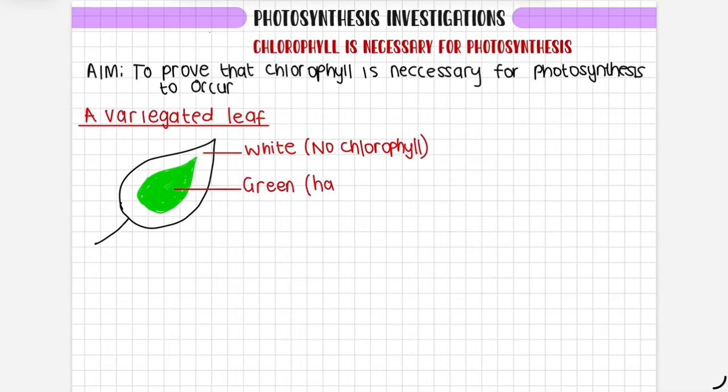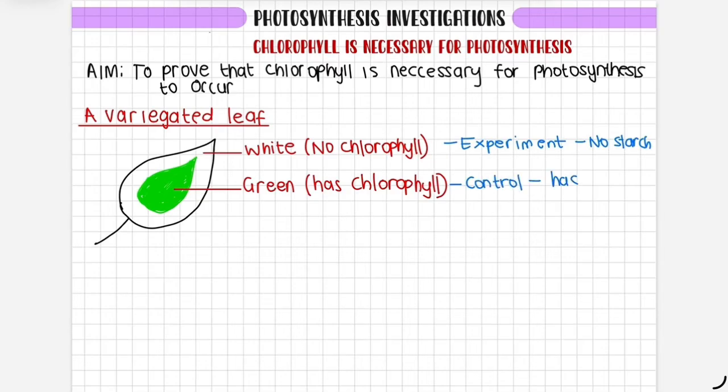We do know that the green part contains chlorophyll and the white part does not contain any chlorophyll. In scientific concepts, they say that a variegated leaf has both the experiment and the control in one. So our experiment will be the white part and the control will be the green part, as it has starch while the experiment does not have any starch, since photosynthesis does not take place when chlorophyll is not present.